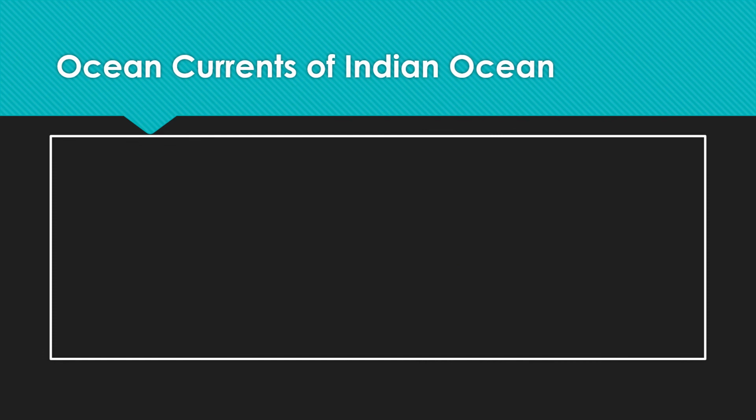And next is the ocean currents of the Indian Ocean. In case of the Indian Ocean, we have the ocean currents only in the southern hemisphere. So this is India, and here we have Australia. From here the equator would be passing.